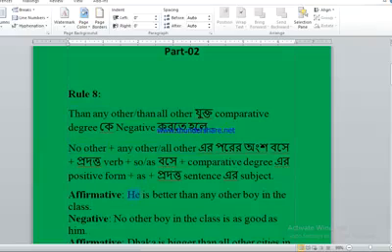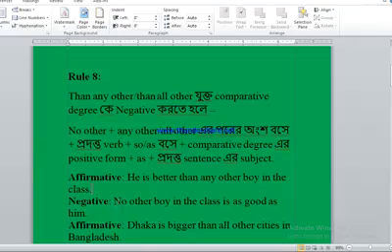He is better than any other boy in the class. This is the affirmative sentence, and you can also say this is a sentence of comparative degree. Then you will change it into a negative sentence this way.